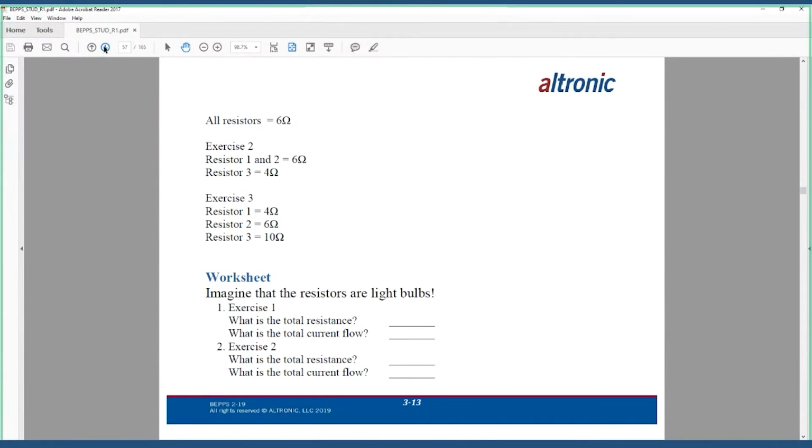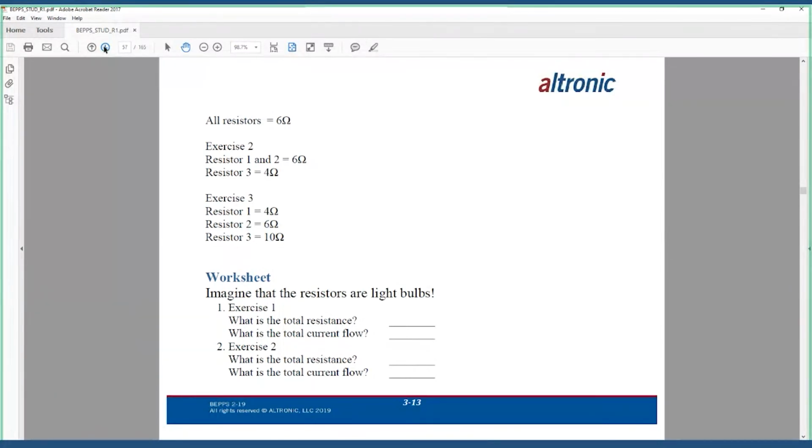Exercise 2, resistor 1 and 2 are 6 ohms. I'm going to draw this out. Resistor 3 is 4 ohms. Exercise 3, we've got a 4 ohm, a 6 ohm, and a 10 ohm resistor.